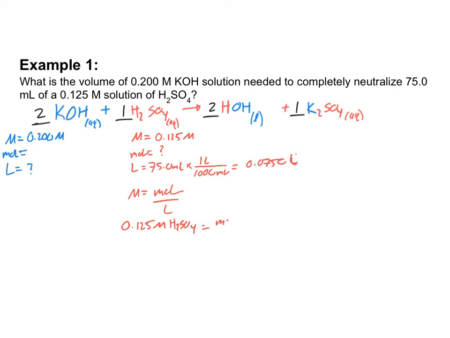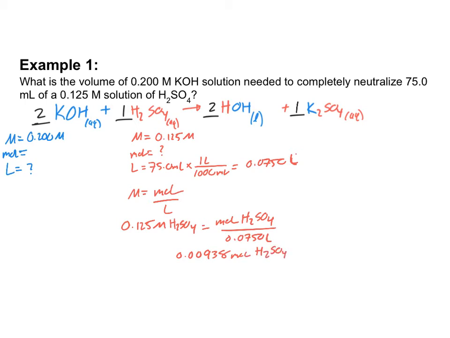So that's going to be equal to moles of H2SO4 over 0.0750 liters. So 0.125 times 0.075 gives me 0.00938, 3 sig figs, moles of H2SO4.